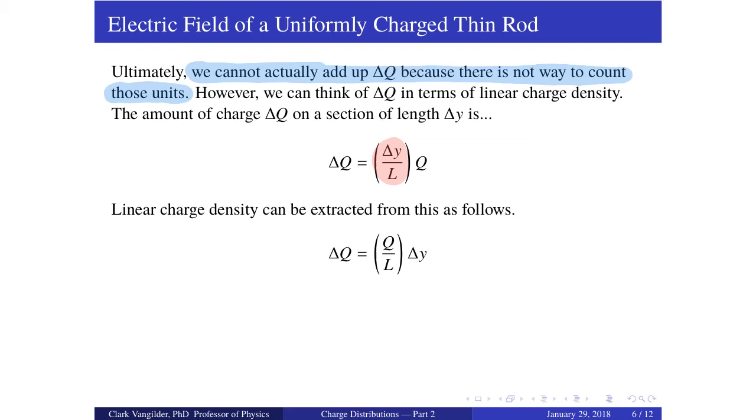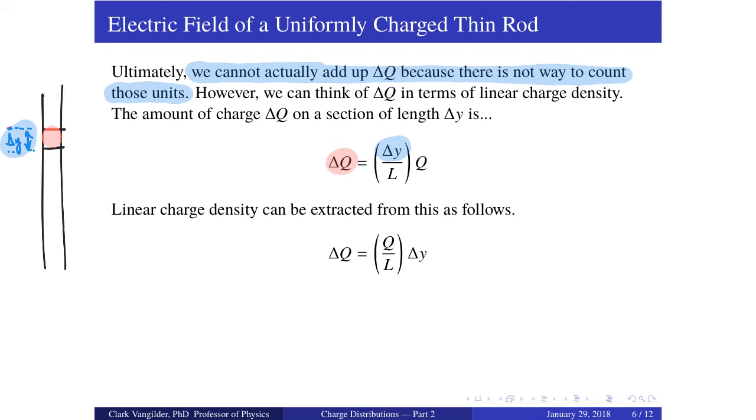So remember we have this rod, and there was this chunk of charge delta Q. Okay. And this was my delta Y length. Okay, that's how big this delta Q is. All right.